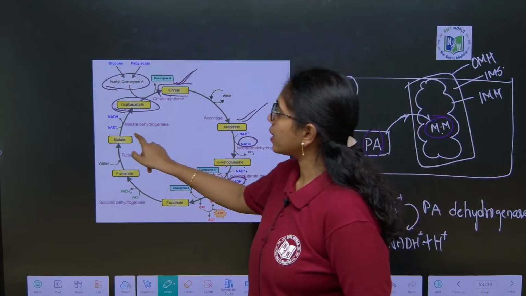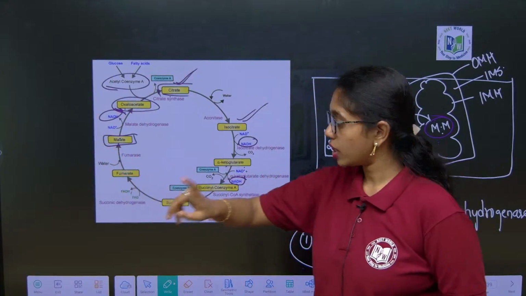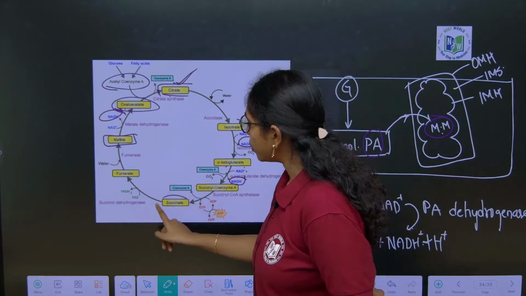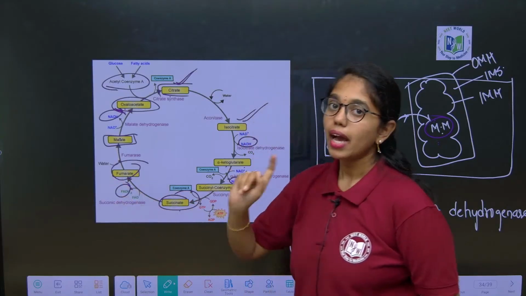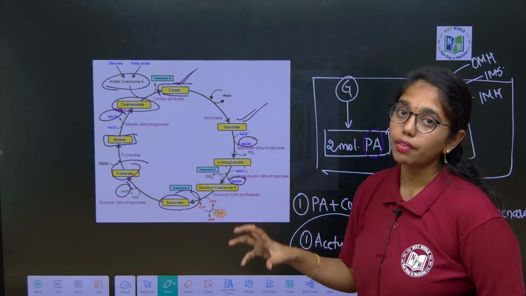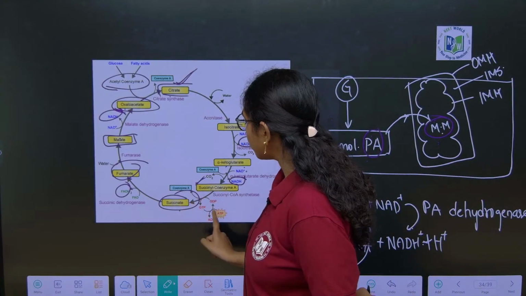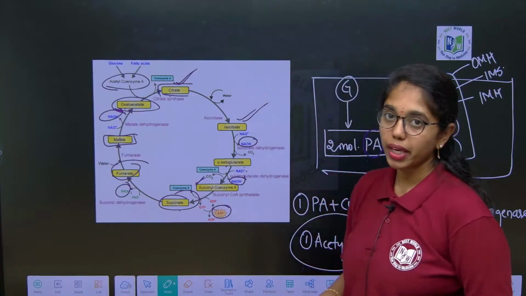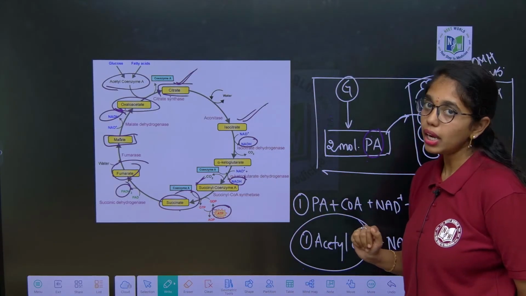At the last step, from malate to OAA, 2 NADH are released. At one point FADH2 is released, that is succinate to fumarate, and at one place substrate level phosphorylation happens, that is from succinyl CoA to succinate, where ATP is being released. This happens in the mitochondrial matrix.